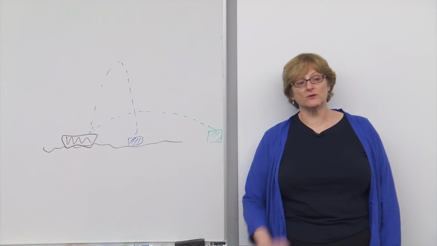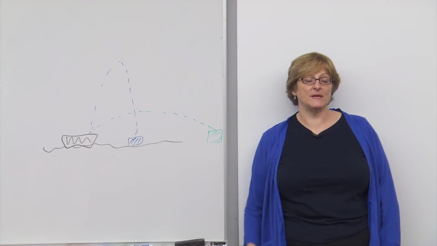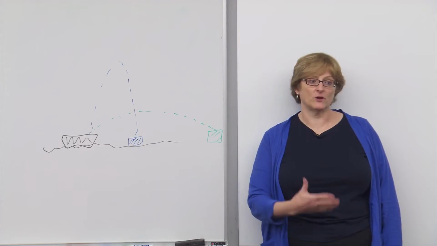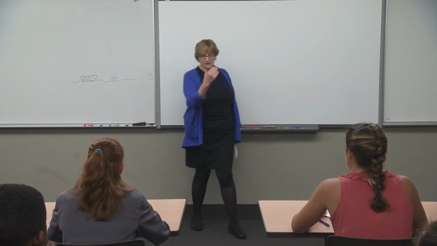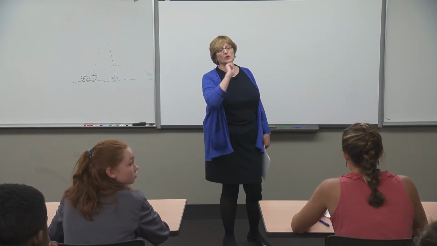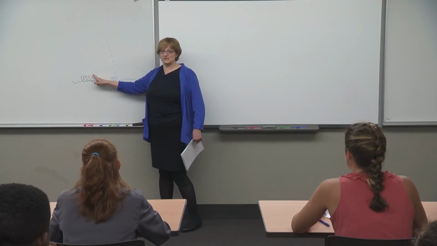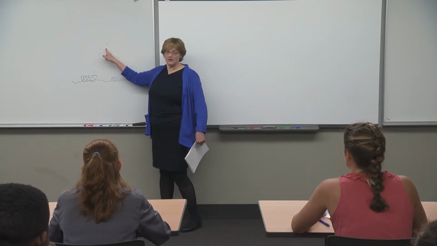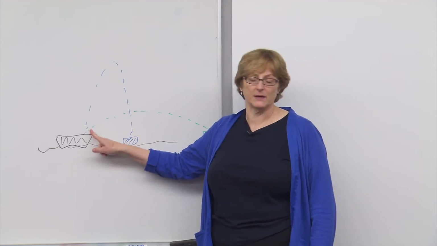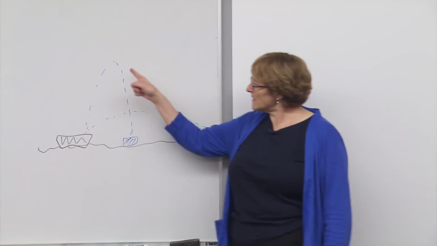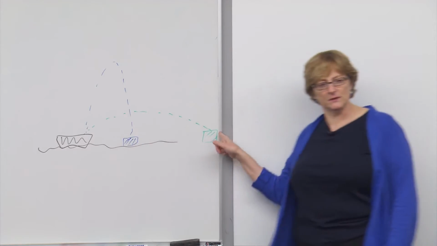Okay, but we don't know their initial velocities. I mean, we aren't told that they're the same or different. I think what you're saying is absolutely correct. We know their initial vertical velocities are different. That is, the initial vertical velocity of this one is much more because it goes higher than the initial vertical velocity of that one. But how do I know it comes down after this one?